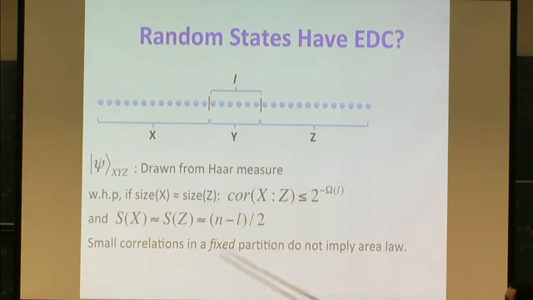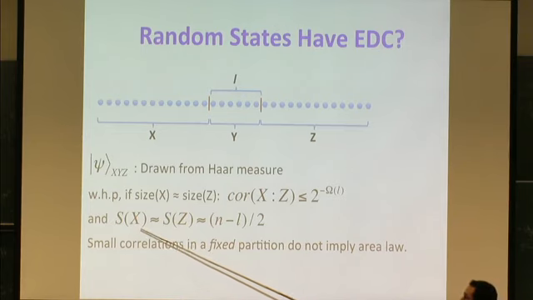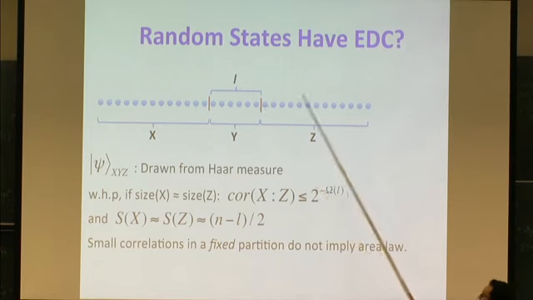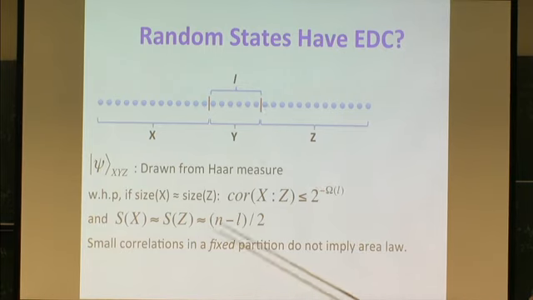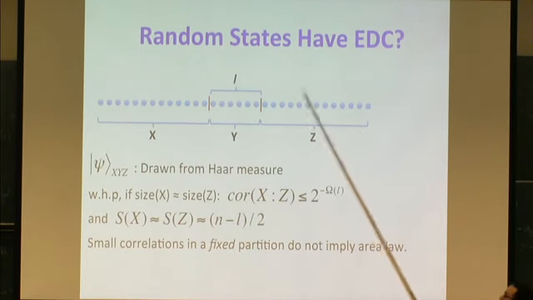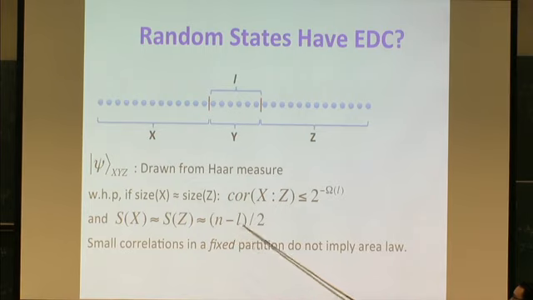You can also compute the entanglement: the entropy of x will be roughly the entropy of z, and almost maximal. The size of x is roughly n minus L over 2, and likewise for z, but the entanglement will be very close to this maximum value.